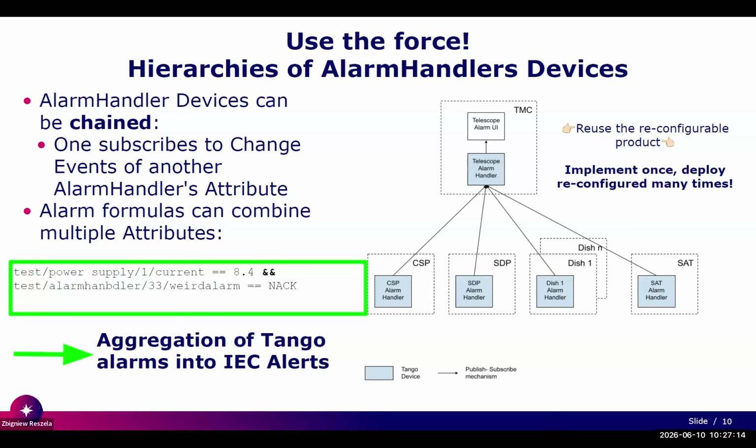If the attribute value is 8.4, and in the other alarm handler there is an alarm that is not acknowledged yet, then trigger another alarm, which means we can have layers of alarms, alarm aggregation, so that we don't bother our operator with 1,500,000,000 alarms. No, just 3. 3 alarms because they are summary alarms.